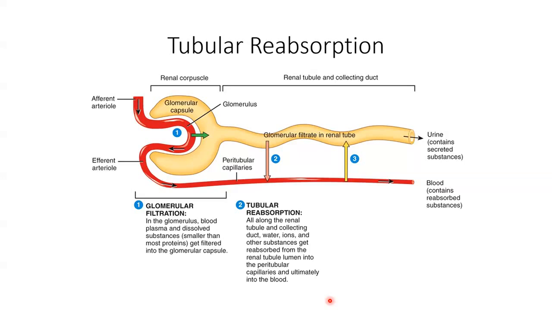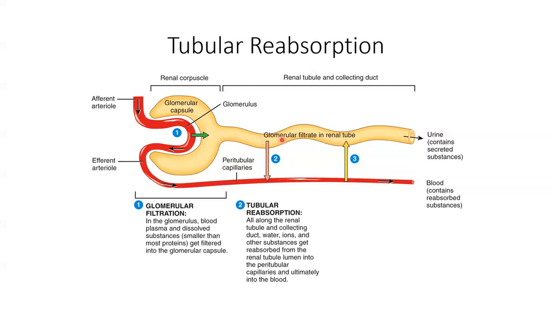So epithelial cells along the renal tubules and the collecting duct carry out reabsorption. But by far the largest contributor to reabsorption is the proximal convoluted tubule, so just after that filtrate exits the Bowman's capsule. So it's like we filter it all out, and then really quickly we want to grab everything and put it back in the blood.